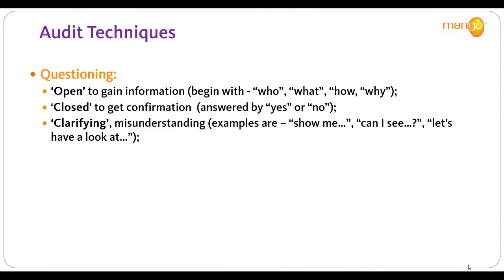Then you can ask, show me, or can I see, or let's take a look at. Those types of questions mean you're going to get some information from the auditee that hopefully clarifies misunderstandings, or clarifies in your mind as an auditor that the information is nice and clear.